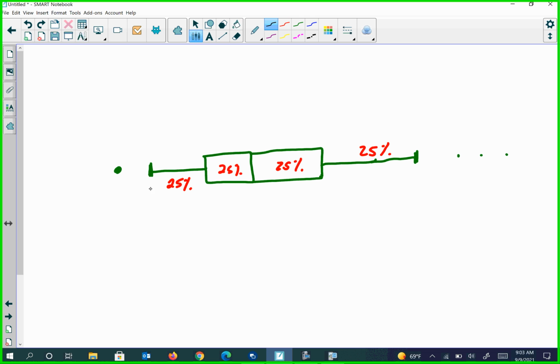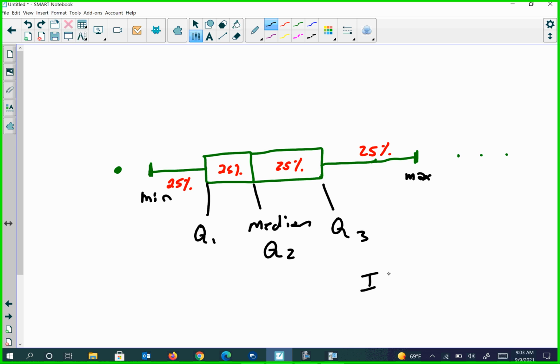Other things to know, this is our minimum, this is our maximum, this is our median, which sometimes is referred to as Q2 in some statistics books. This is Q1. This is Q3.